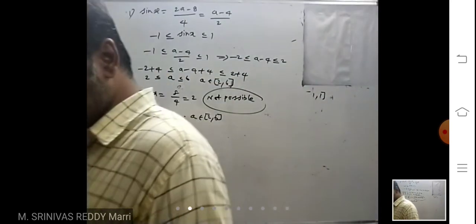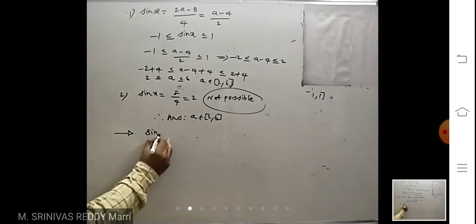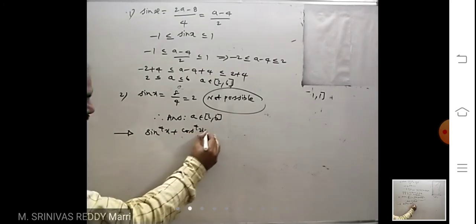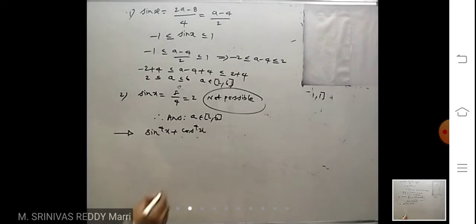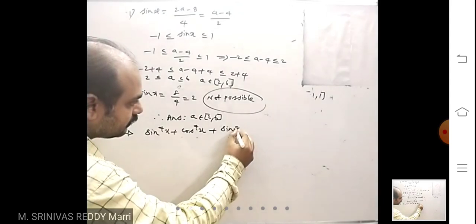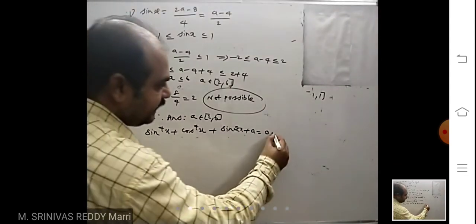Look at one more model. Look at the next model. Sin power 4x plus cos power 4x plus sin 2x plus a equal to 0.